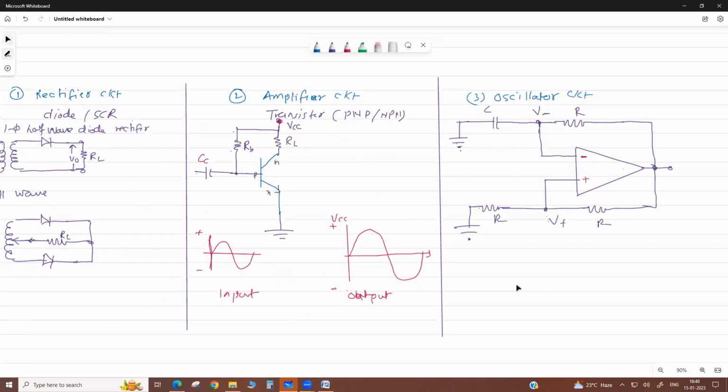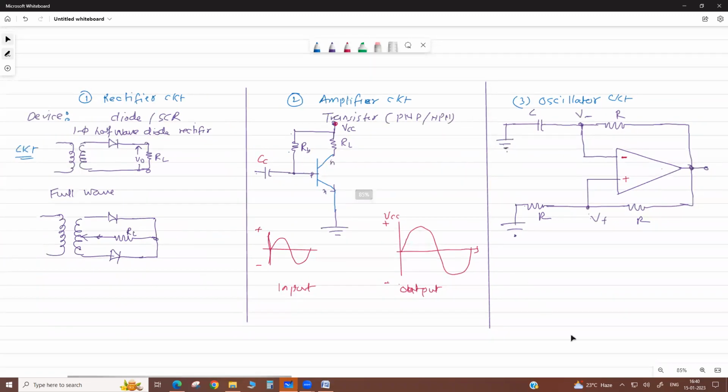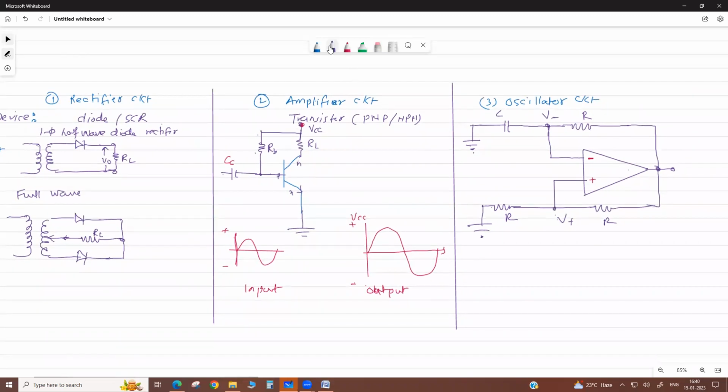Please take a screenshot. Here we take the output, V output.